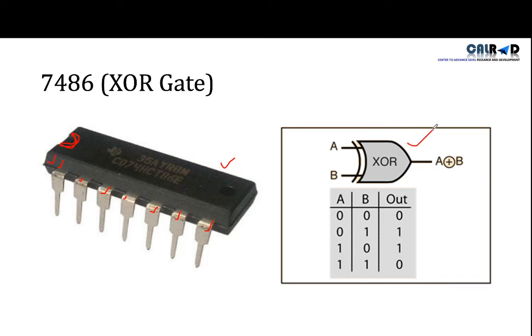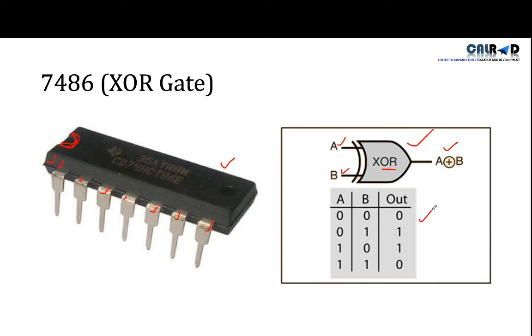This is the symbol for the XOR gate, where we need 2 inputs, and it is called XOR gate because it is exclusive OR gate. Actually it is an OR gate but exclusive, and the output will be A XOR B, and this is the truth table.